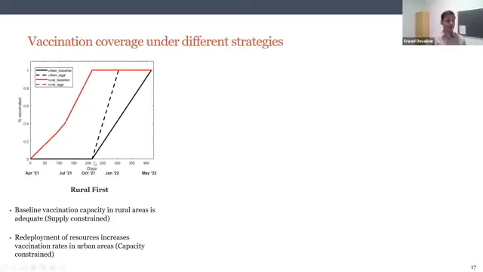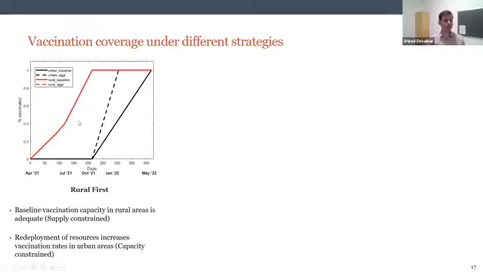Therefore, the first time that urban population starts getting vaccinated is sometime in October of 2021. The other thing, as I showed earlier, is that under the baseline scenario, the urban vaccination capacity is lower than the supply available, and therefore vaccination proceeds at the capacity, and it takes till about May 2022 to finish covering the target population in urban areas.